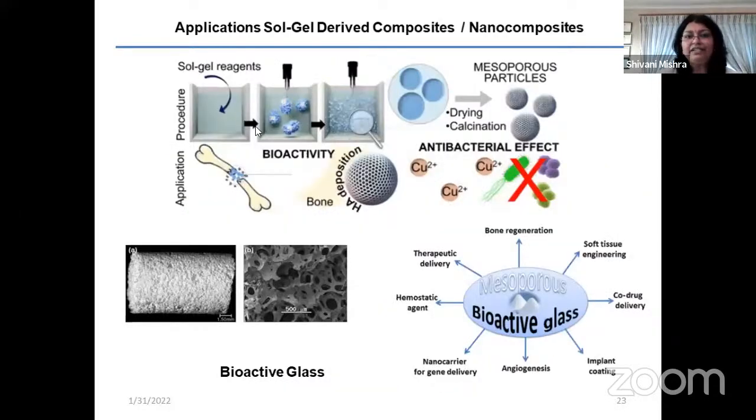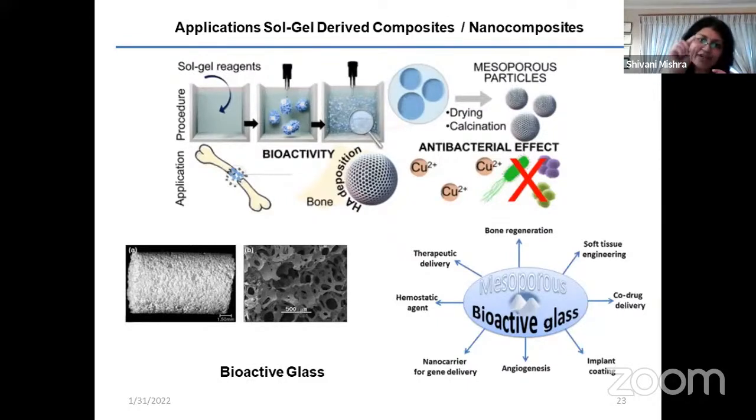In the medical field, we have the sol-gel reagent and how that sol-gel process develops the hydroxyapatite deposition in the bone. When we have a fractured bone, let me put it in a simple way. When we break our bones, we have the fracture.